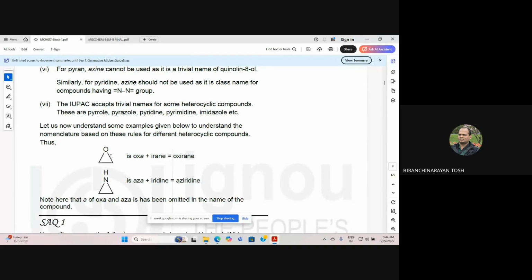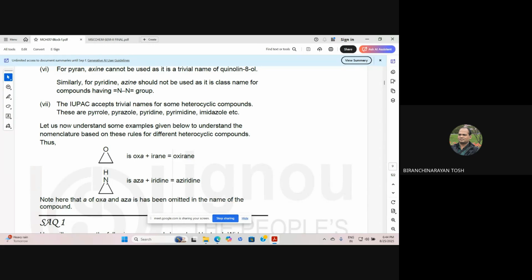You can go to the table 1.2. You can see there. So it is oxirane. When we are using this compounding, this A we have to omit. So from oxa, A will be removed. So oxirane. Similarly, for nitrogen, we have to use aza.